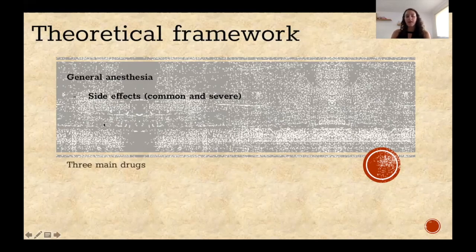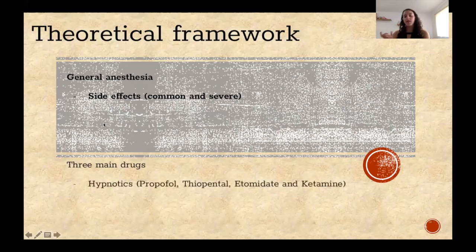So there are three main components in general anesthesia. The first one is the hypnotic, that is the component that makes you go unconscious throughout all the procedure, and the most common ones, the most used in intravenous way, are propofol, thiopental, etomidate, and ketamine.